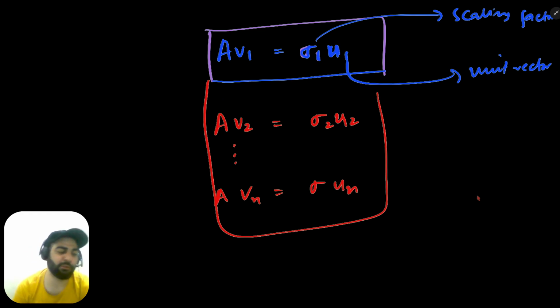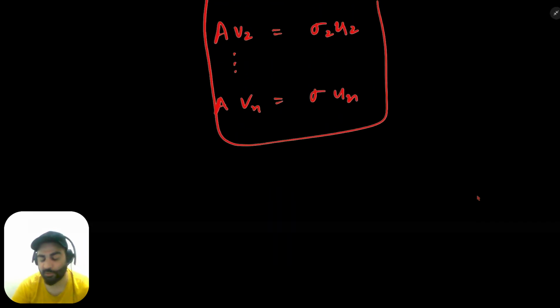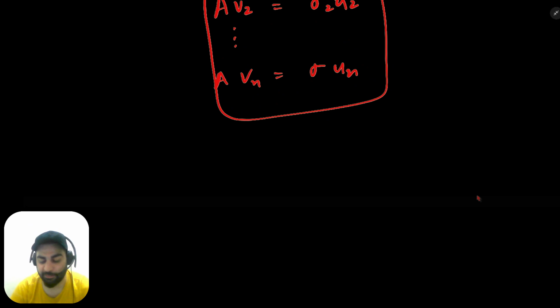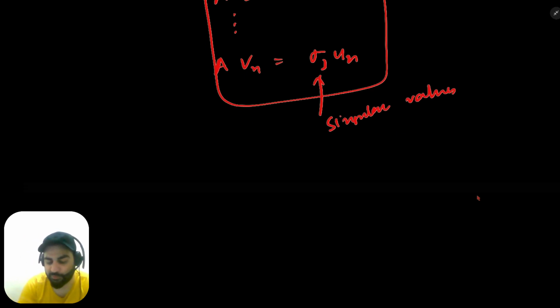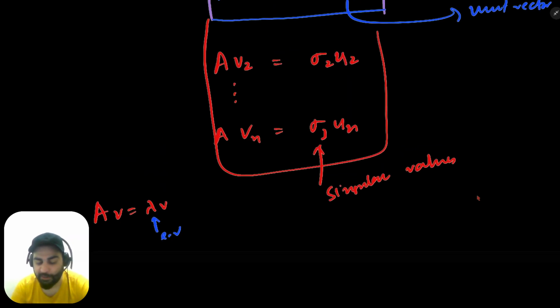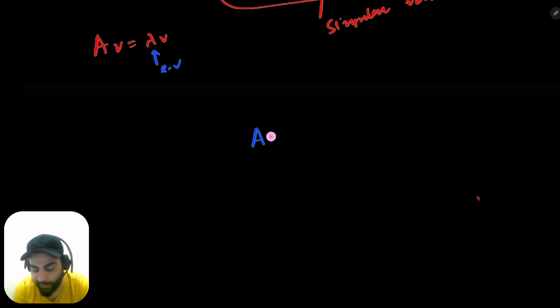Okay, we can collect these vectors now and write them in a succinct version, so that we'll see what's the whole point of singular value decomposition. These values are called singular values. We call something eigenvalues: A v is equal to lambda v, so we call this lambda an eigenvalue. Here we have another notion: A takes some v to some sigma u.